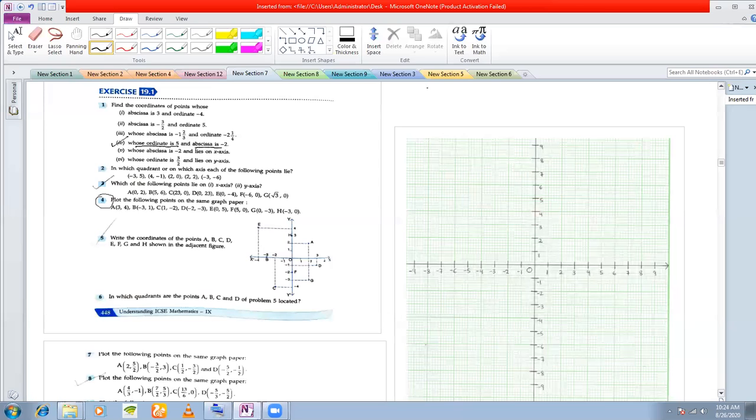So abscissa is -2. Ordinate is given to be +5. So what is the coordinate of this point? Abscissa, comma, ordinate. So the coordinates of this point is -2, 5. Nothing to do on the graph. You simply have to write the coordinates. Okay.